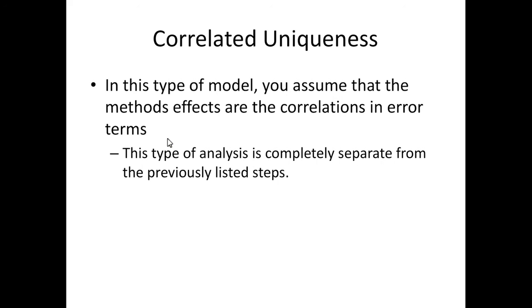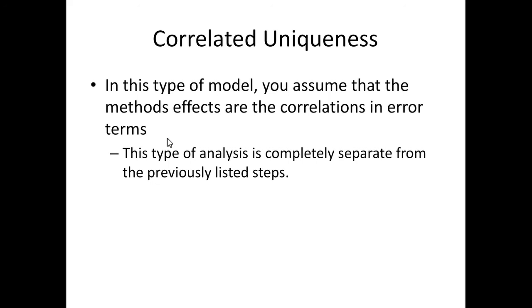So those questions or items have some little bit of correlation between their error terms just because they appear on the same page. And so this model allows us to just correlate those errors instead of creating a whole separate latent and correlating that.